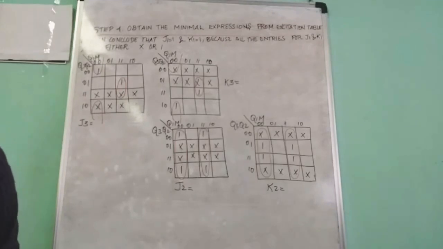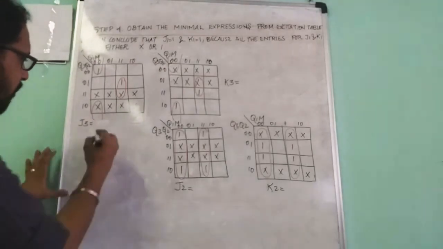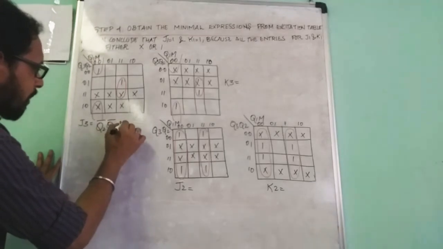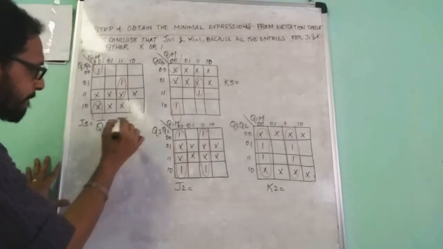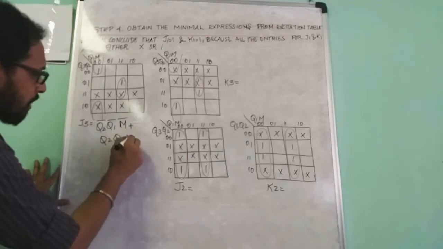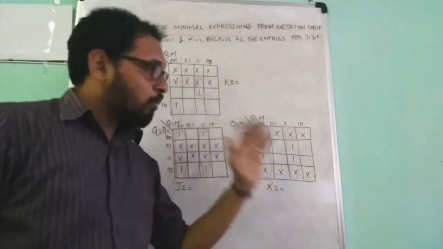J3 is equal to Q2 bar Q1 bar M bar plus Q2 Q1 M. This is the expression. Okay, you have to go home and work out.